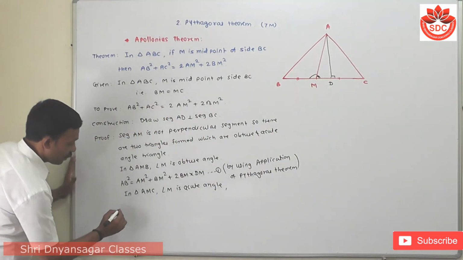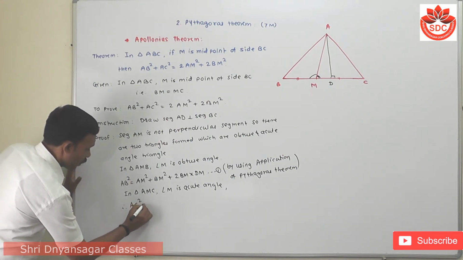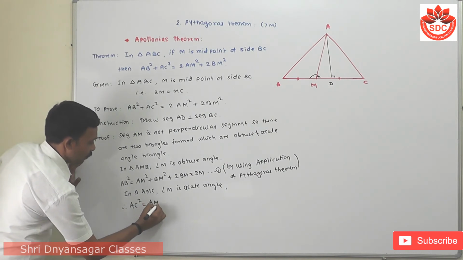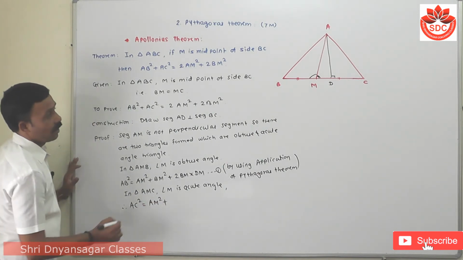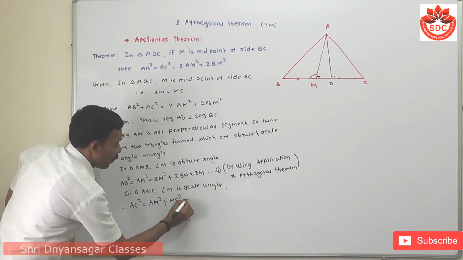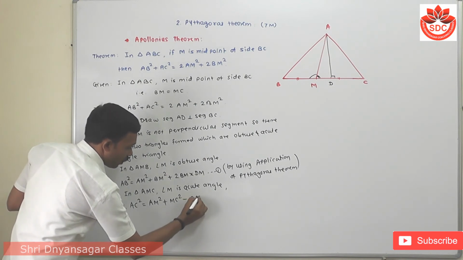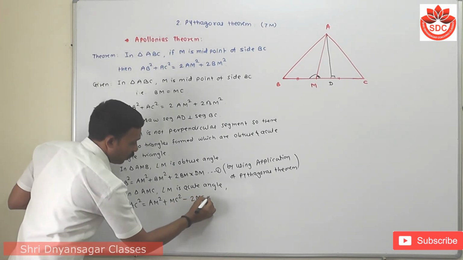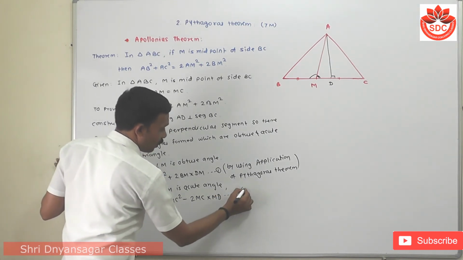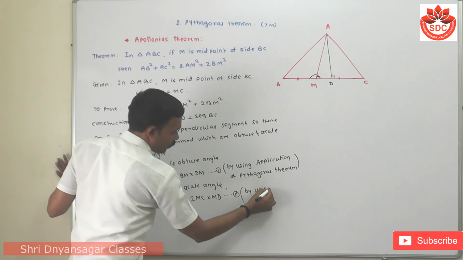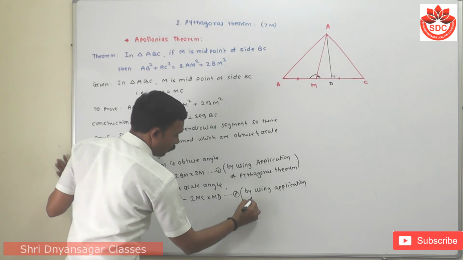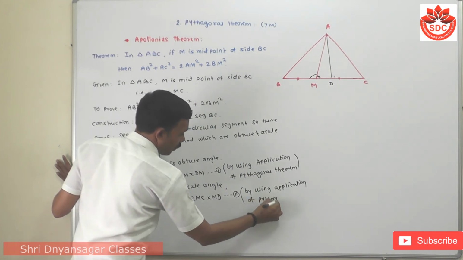Therefore AC square is equal to AM square plus MC square minus twice MC into MD. This is equation second, and the reason is by using application of Pythagoras theorem.